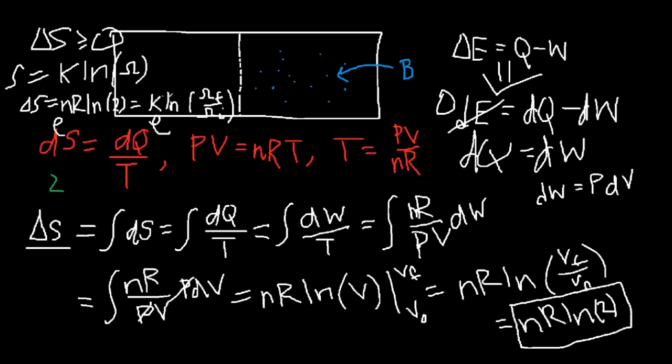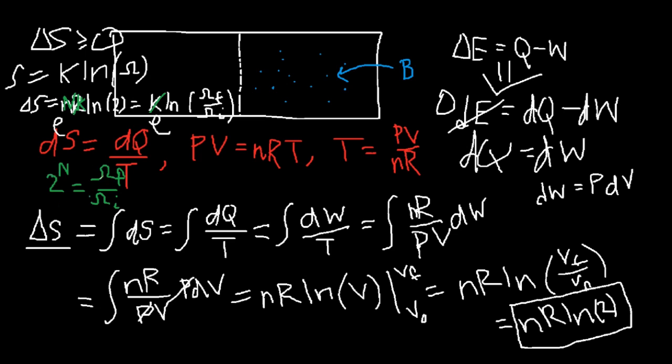Notice nR is really just the number of molecules times k as well, so nR is also equivalent to Nk. So we can write this as 2 to the Nk over k, but then the k's cancel. We're left with 2 to the N equals the ratio of the number of microstates.